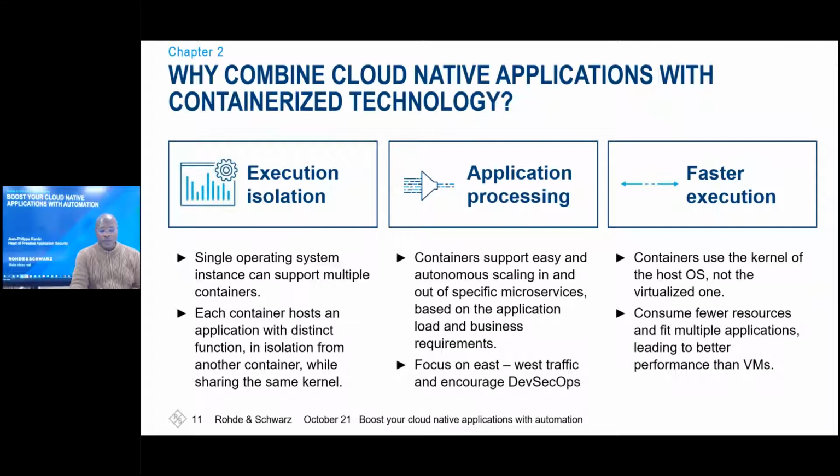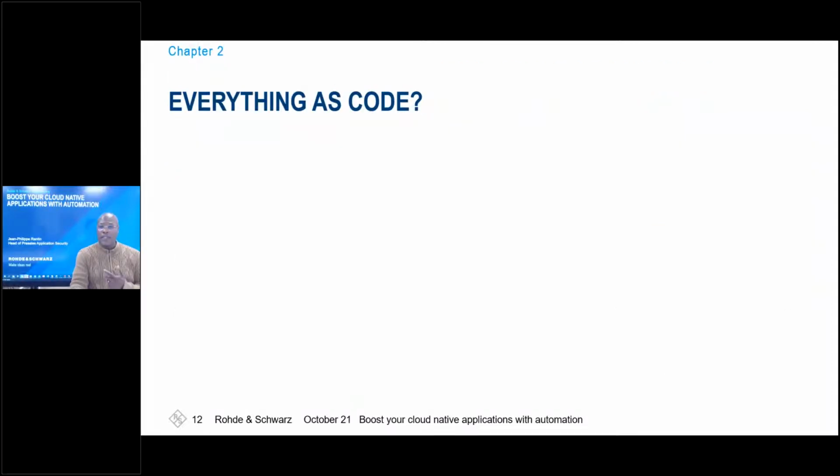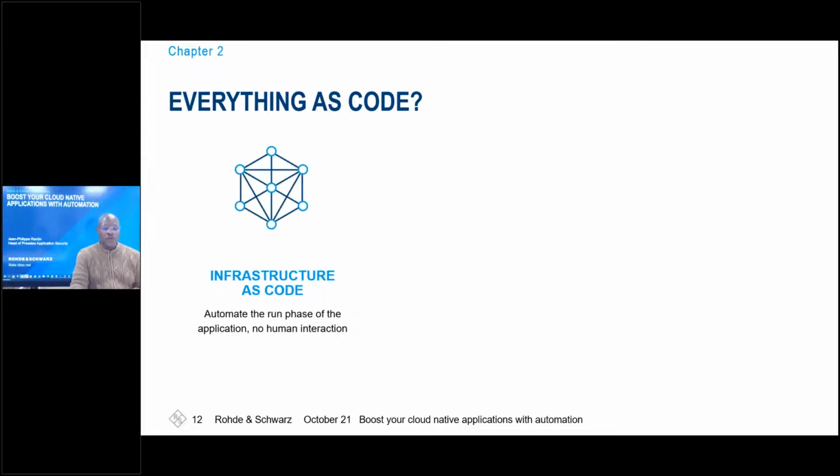It's to use containers. And what about using everything as code then? We talked about infrastructure as code as a model. Infrastructure as code assumes that you will automate the build and the run phase, with everything pushed into code without any human interaction.